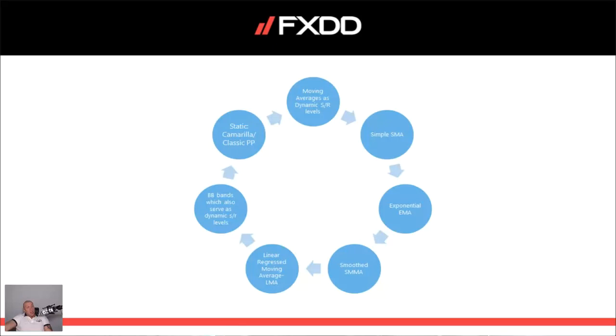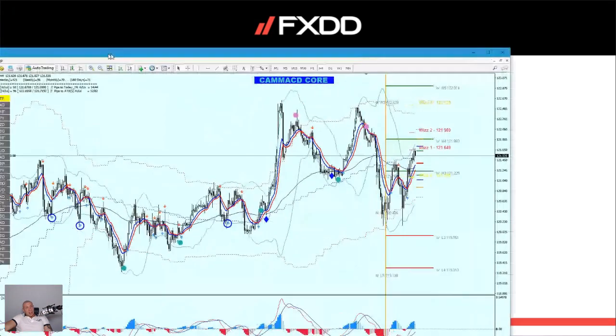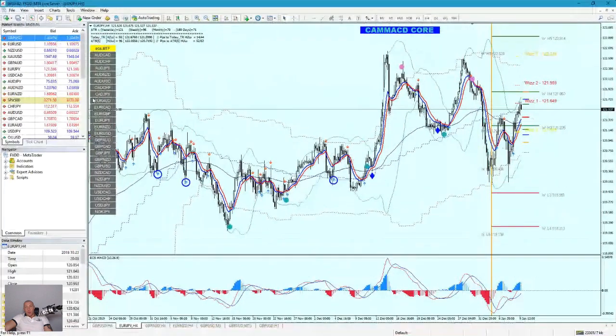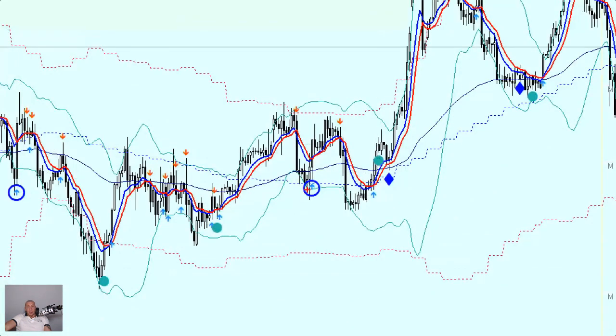For example, on my MACD platform, on my Camarilla MACD, I will show you that right away. I have some of those. For example, here. Once the price hits Bollinger Bands, closes inside, and moving averages cross, I have a signal.